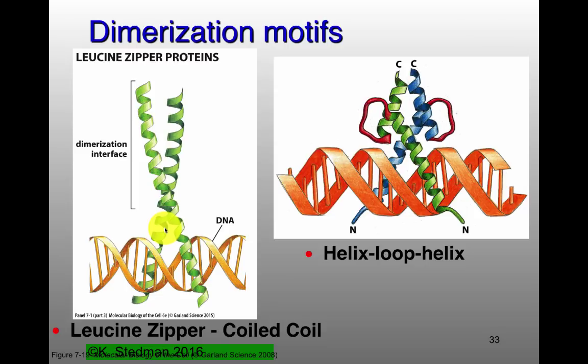And so a lot of times, if you just look at this in the literature, it will be a B-zip protein. The B stands for the basic helix, and the zip is that leucine zipper, or BHLH, basic helix loop helix. And this helix loop helix is just another way of getting your dimerization to form. But it's the basic helix which is interacting with the DNA.